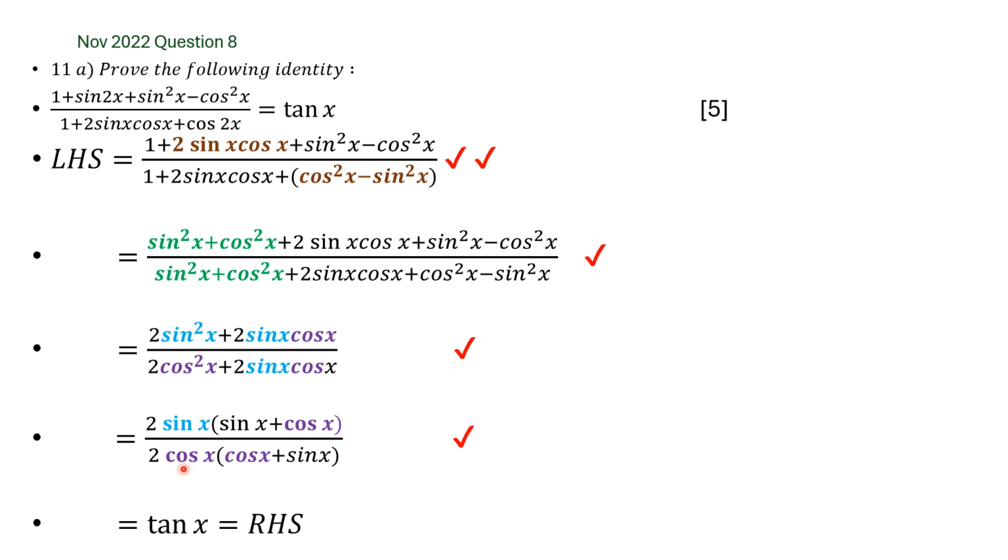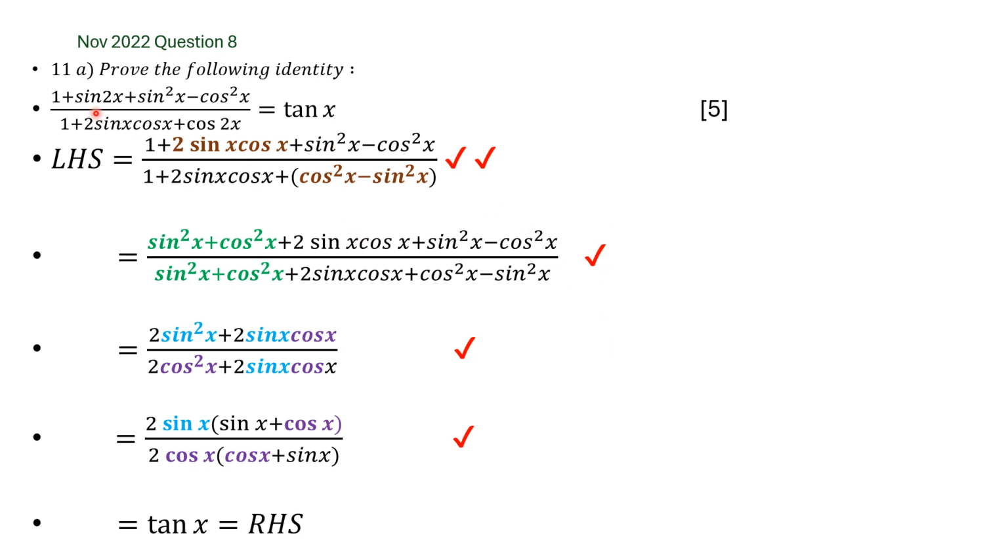Cos squared divided by cos x gives me cos x. There, 2 sine x, or sine x stays behind. 2 cos x and 2 cos x cancel. Sin x plus cos x, sin x plus cos x, those two cancel. 2 and 2 cancel. So I'm left with sin x over cos x, which gives me tan x, which equals my right hand side. So there we solve that identity.